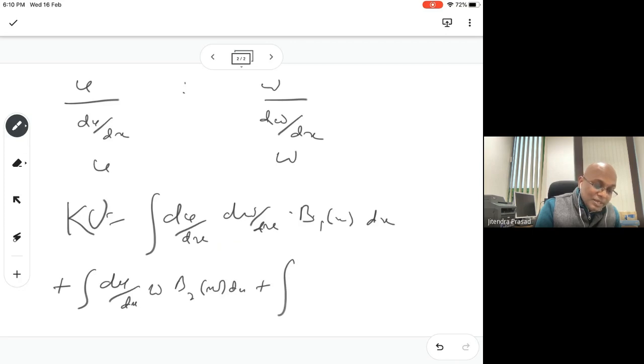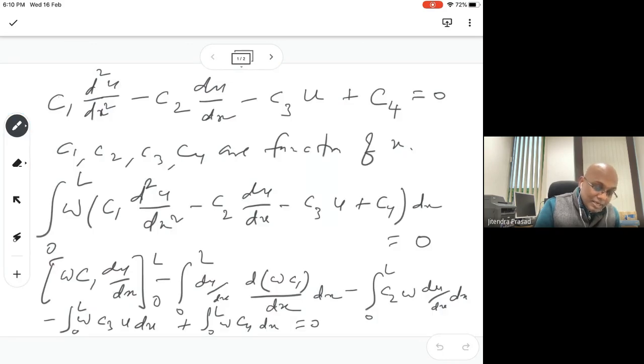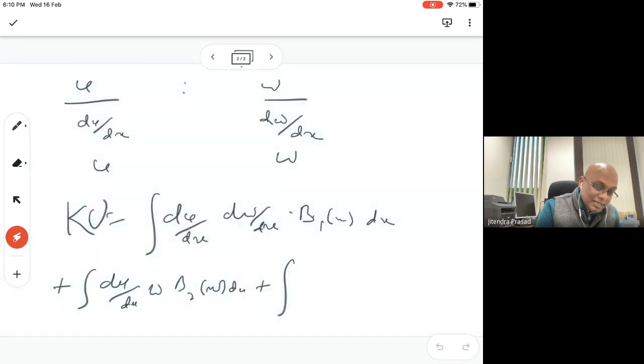plus there could be, in some scenario, even, so if you look at this, here even dw is coming into picture, right? So these kind of things are also there. I have pointed that out already in this case.